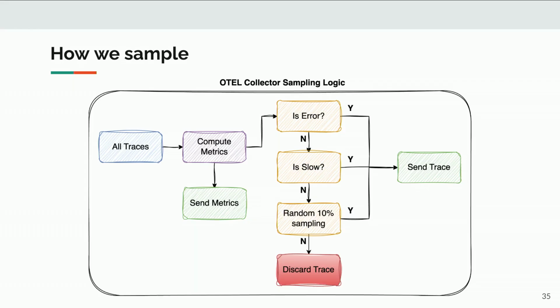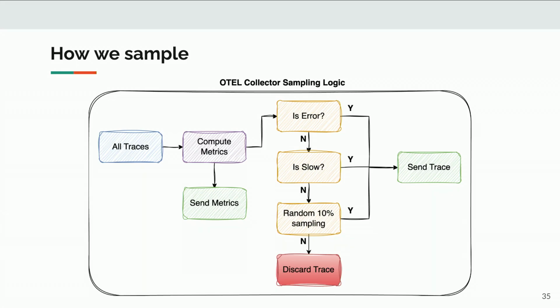Then once it hits our gateway layer, we'll check, is it an error? If yes, we want to sample 100% of the errors. We always want to know if someone's having a poor experience. Hopefully we don't have a lot of errors, and it incentivizes us to always fix them. Otherwise, we're going to pay a really large bill to store all these errors. So it incentivizes the engineering team to go actually fix things.